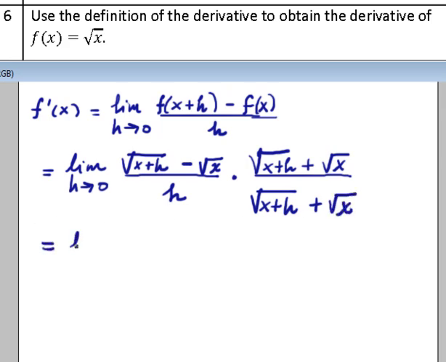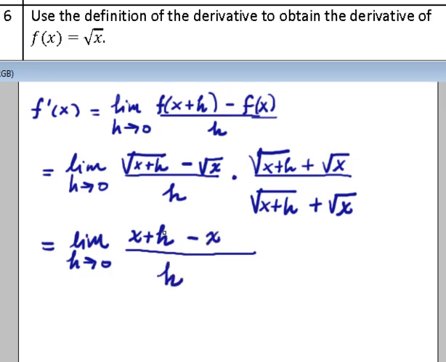So here we have x plus h, middle term drops out, minus x over h times the square root of x plus h plus the square root of x. But you see in the numerator we do have h: x plus h minus x. So this is h, which cancels with this h down here.